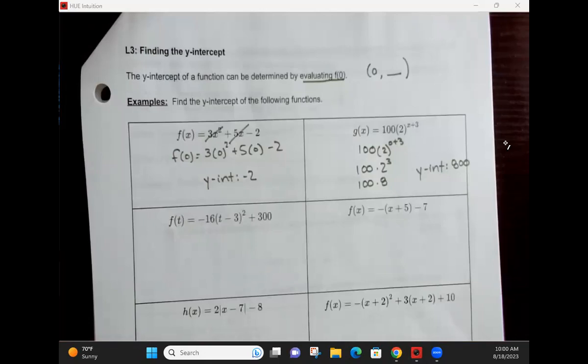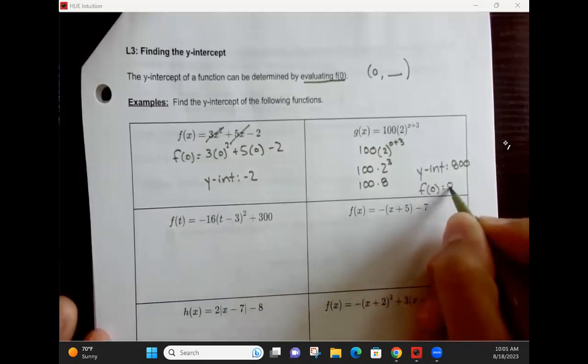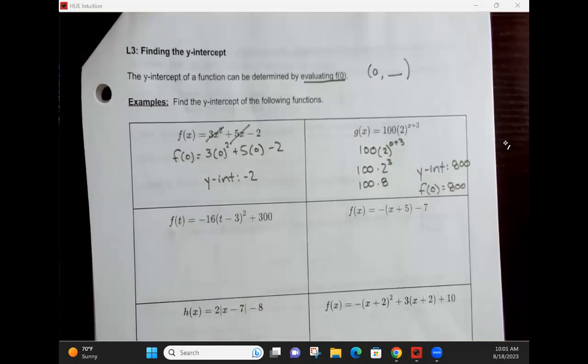We call that c. So label it as your y-intercept for me. Or if you wanted to tell me f of 0, in this case, f of 0 equals 800, that would be okay too. But depending on the function, we might use a different letter to stand in for that.